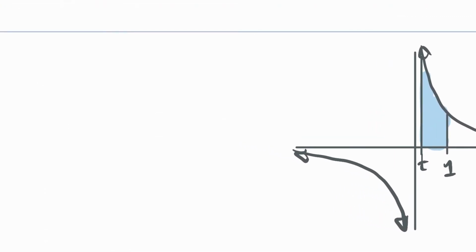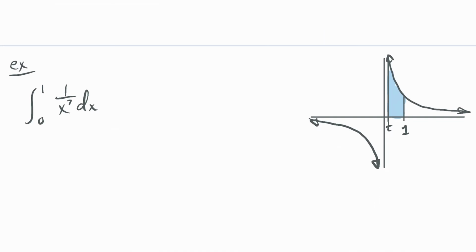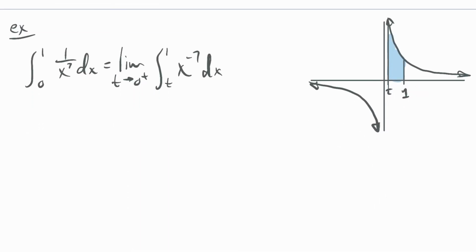Okay. So this is the limit as t goes to 0 from the right of the integral from t to 1 of x to the negative 7th power dx. So this equals the limit as t goes to 0 from the right of x to the negative 6th power over negative 6, evaluated at t and at 1.